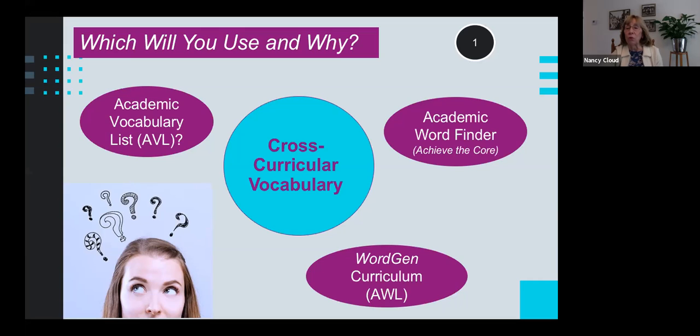So once you've chosen a word, let's say you've chosen words using Academic Word Finder, you could still use the AVL to help yourself know the frequency, because Academic Word Finder doesn't tell you that. And then if you were thinking about 10 words and you're only going to do 4, it could tell you which words to do. So you can combine it with other methods and not just use it as the sole tool. Is that making sense?